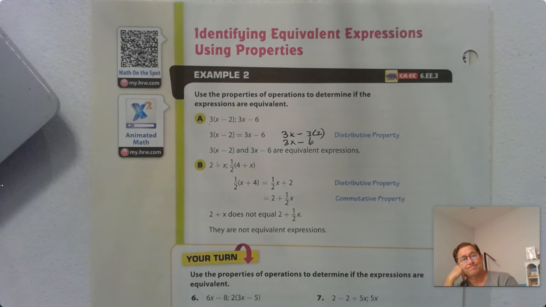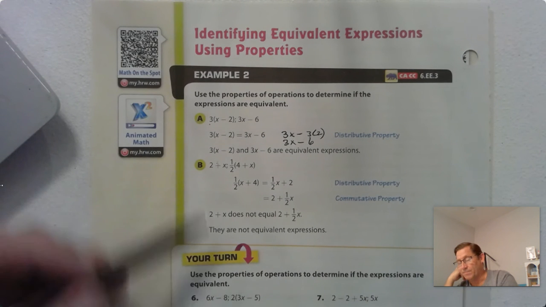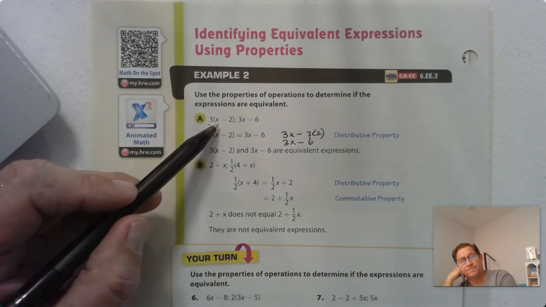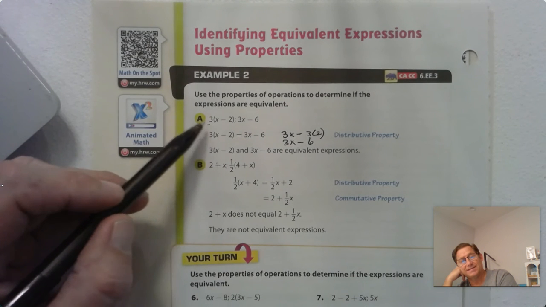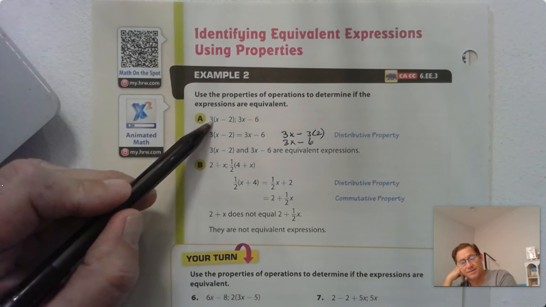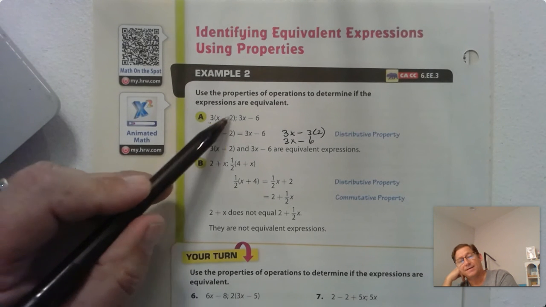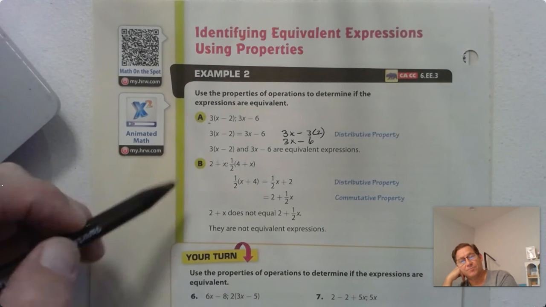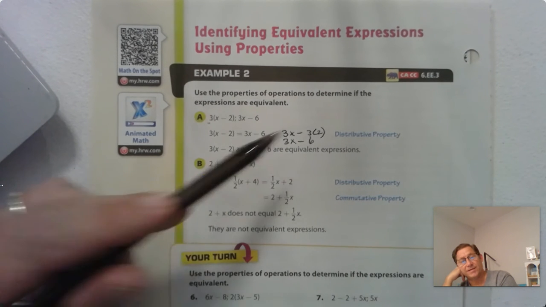Okay. So remember, multiplying a number by the difference of two numbers is the same as multiplying each of the numbers and then subtracting. So 3 times x minus 3 times 2 gives us 3x minus 6.